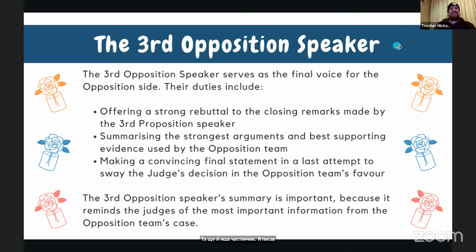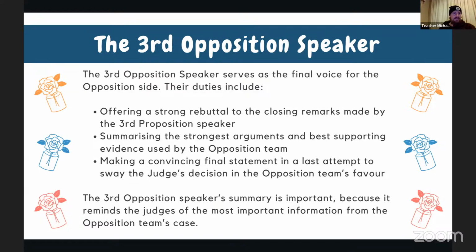Okay. So the third opposition speaker very much has the same job as the third proposition speaker. First of all, they need to offer a strong rebuttal to the closing remarks made by the third proposition speaker. The second thing they have to do, they have to summarize the strongest arguments and best supporting evidence used by the opposition team.